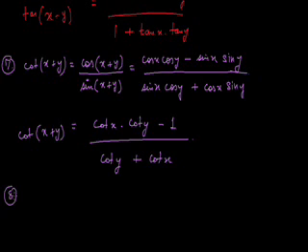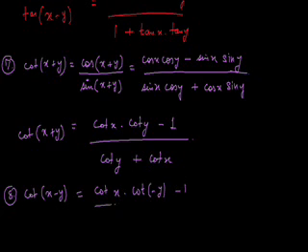Now, how will you obtain the value of cot of x minus y? Replace here y with minus y. If you replace y with minus y, it will become cot of x into cot of minus y minus 1 whole upon cot of minus y plus cot of x.